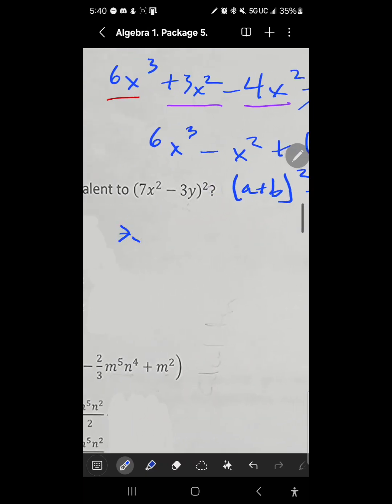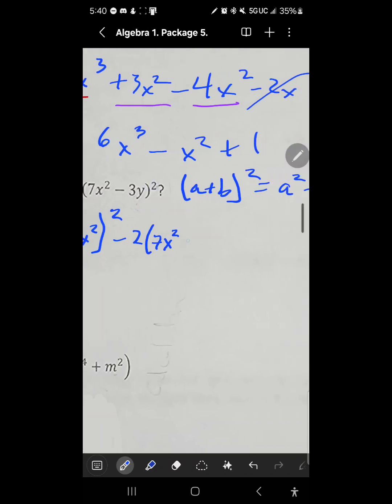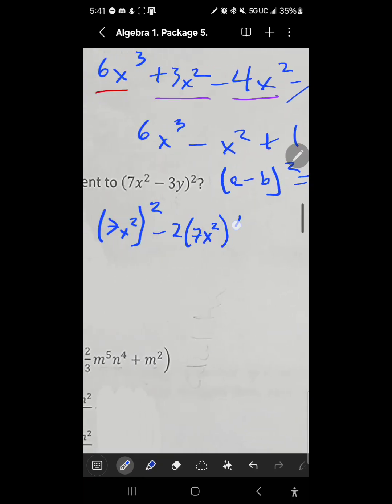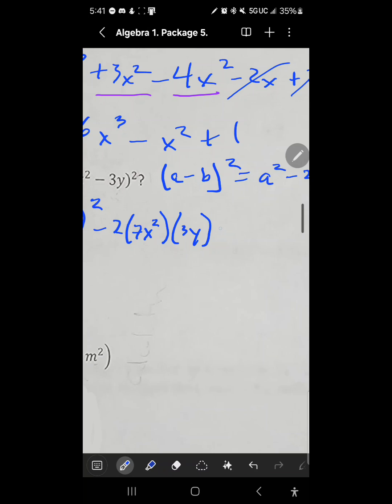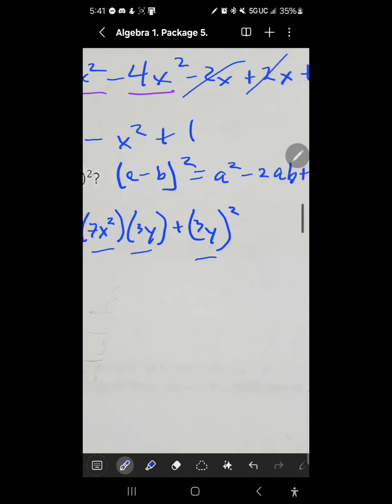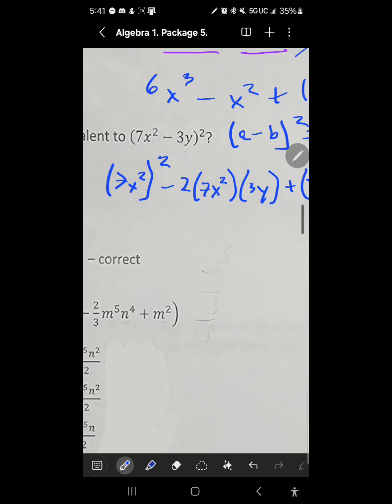So a squared will be 7x squared, all of this squared, minus 2ab, and this here is a minus b, so times 3y, and then plus 3y squared. So a squared, 2ab, b squared.